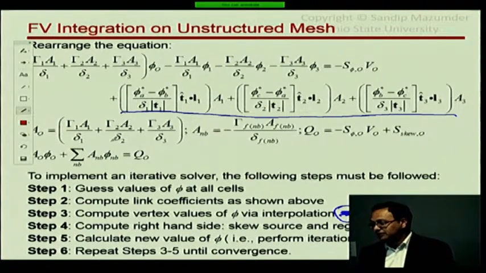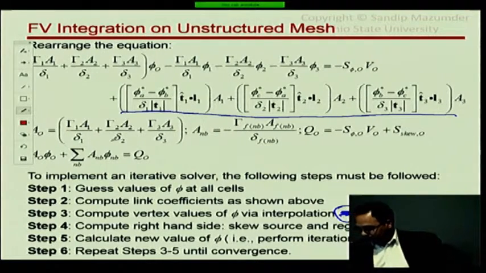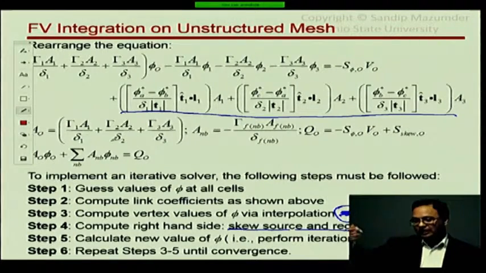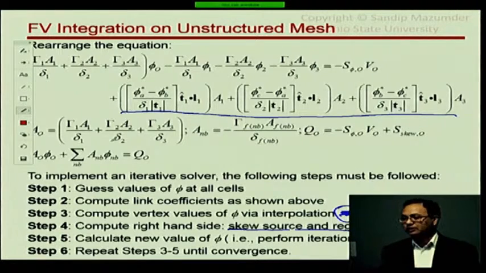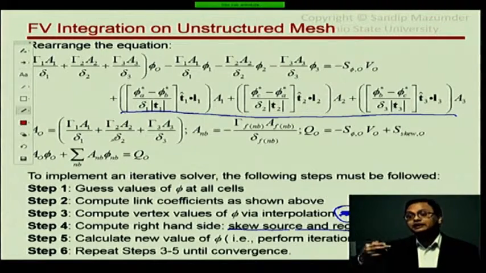Now here's the thing: what people do is they don't often, or in many cases, they don't do this skew term calculation every iteration. So what they would do is they would start the calculation. If you think about, let's say now you're using Gauss-Seidel as your solver, you would do 5 or 10 iterations of Gauss-Seidel, and then you would update the vertex values and the skew sources, and then do another 5 iterations.